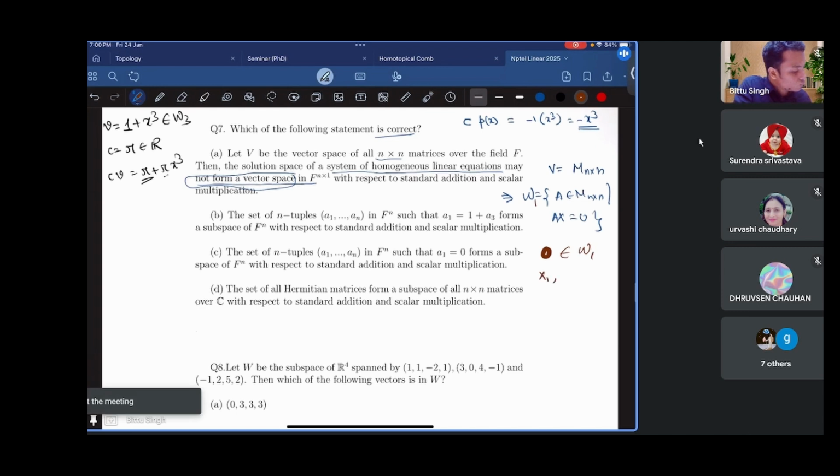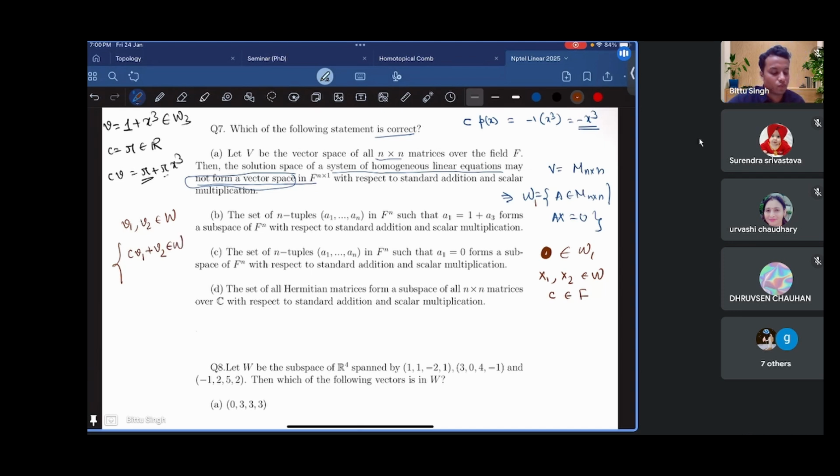Now suppose x1 and x2 are elements of W, and c is any scalar of the field F. Instead of checking separately, we may just check this condition: if v1, v2 belong to W, it is enough to check that c v1 plus v2 is also an element of W. If this holds, then W is a subset of V such that this implies this, and c is an element from the scalar field F, then the conclusion is W is a subspace of V.